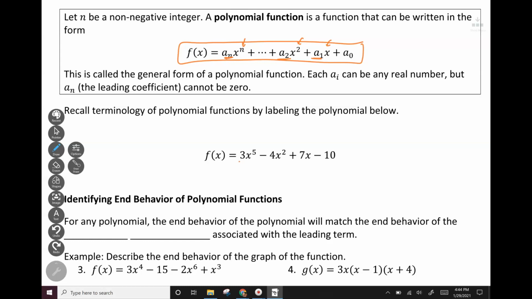So first of all, this is your leading term. That's your leading term. This is your leading coefficient. And then that exponent, the 5, is the degree of the polynomial.